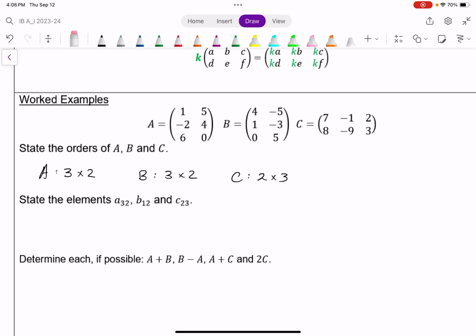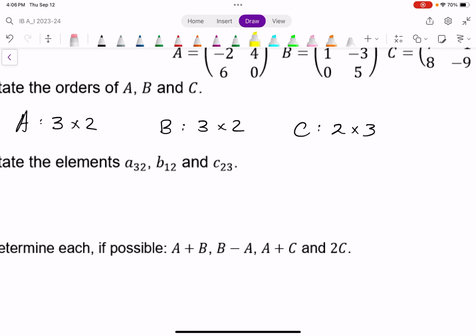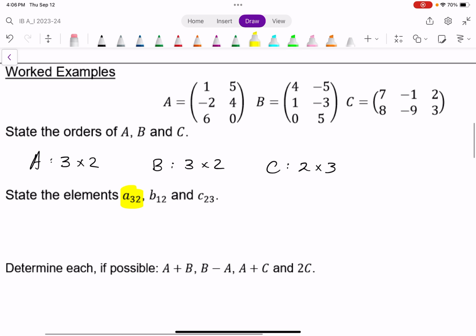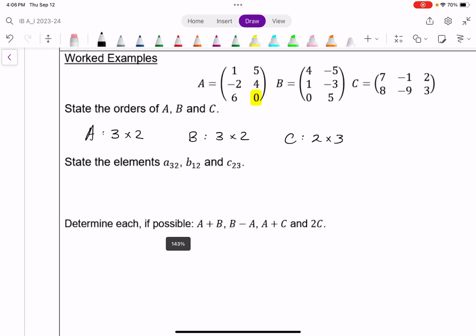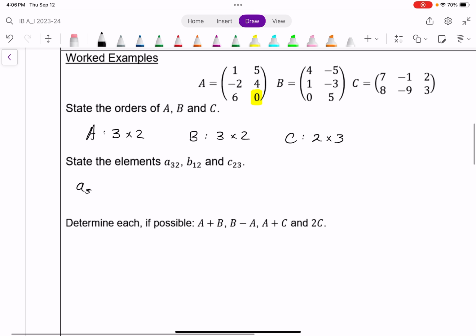So now I want to state the elements. Element A32 refers to matrix A, and by convention, a lowercase letter here refers to the uppercase letter. So for matrices, by convention, we use uppercase letters to denote the entire matrix, and a lowercase letter to denote the different elements in it. And so A32 refers to the 3rd row in the 2nd column. So that's 0. So we'd say A32 equals 0.